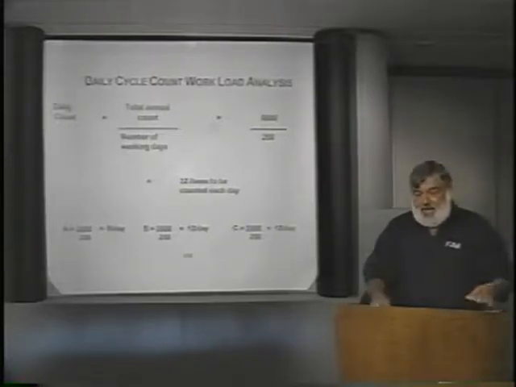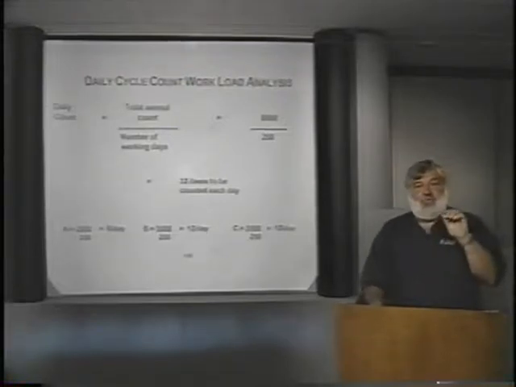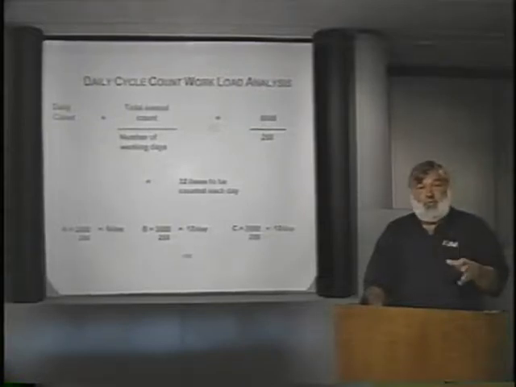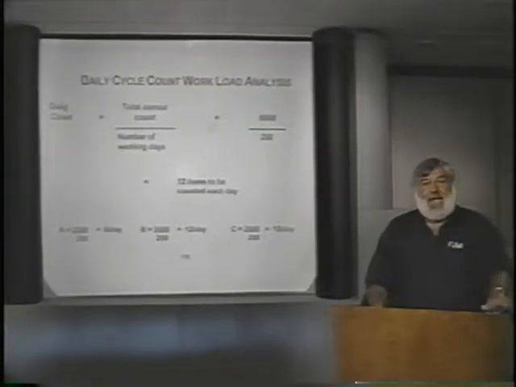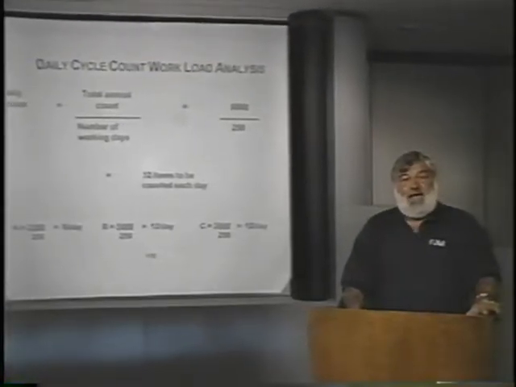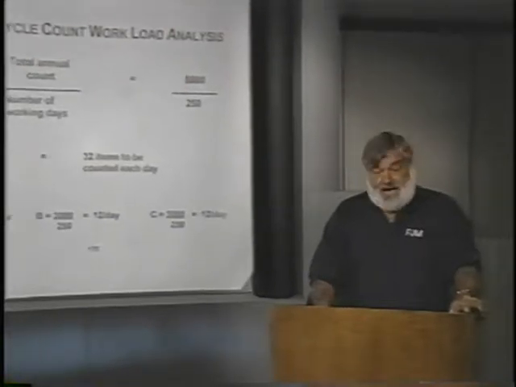That happens to be the working days for this illustration. You should develop your own annual working days, which are actual for your company, but the same application applies. And if I divide 250 into 8,000, that means I'm going to count 32 part numbers per day.